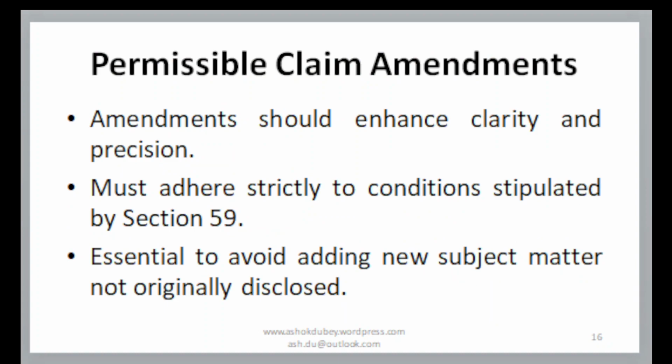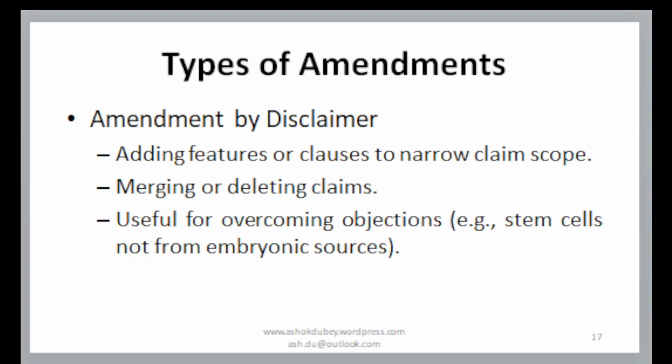Permissible claim amendment. Amendment should enhance clarity and precision, must adhere strictly to the conditions stipulated in Section 59, essential to avoid adding new subject matter not originally disclosed in the patent application. When you amend by disclaimer, you add new features or clauses to narrow the claim scope.